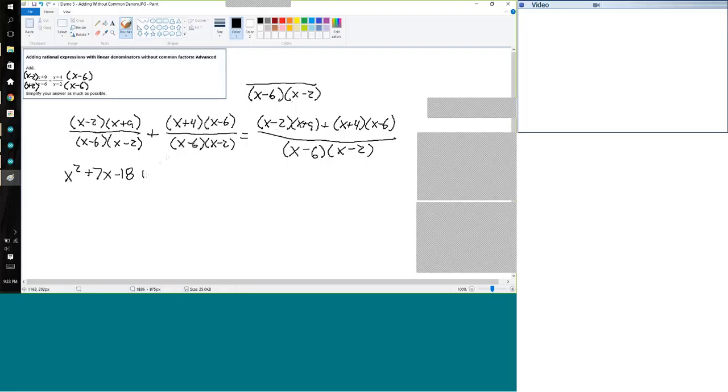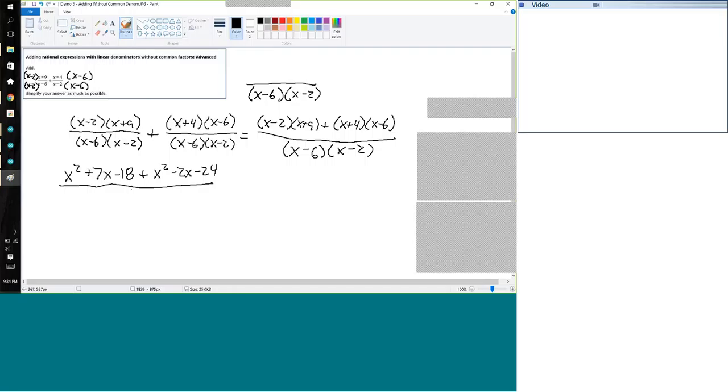Plus, again, here I've got 1 for my coefficients on x, so I'll wind up with x squared. Plus 4 minus 6 will be a negative 2x. And plus 4 times negative 6 will make a negative 24. All still over that x minus 6 times x minus 2.